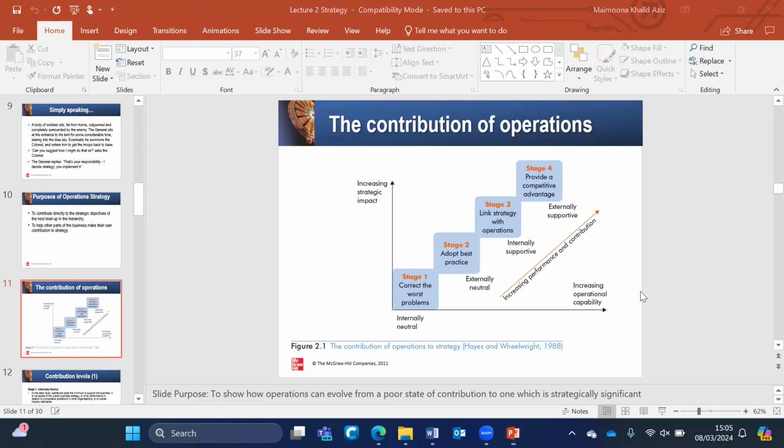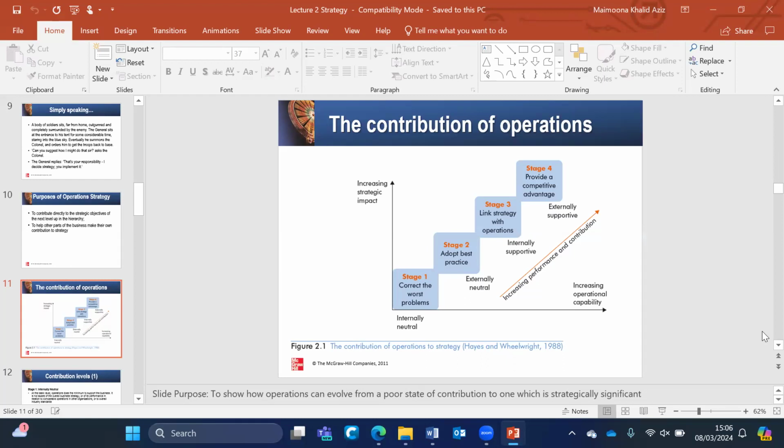Then on stage 2, they adopt the best practices. That means they've realized where there's an issue and they are attempting to make it better. At stage 3, they link strategy with operations. That means they're fixing what was wrong, and now they're doing it really well to the point that they're actually linking it with the strategy.